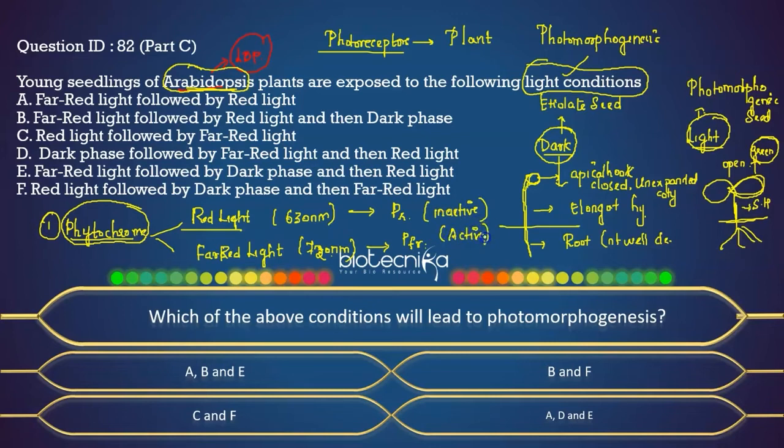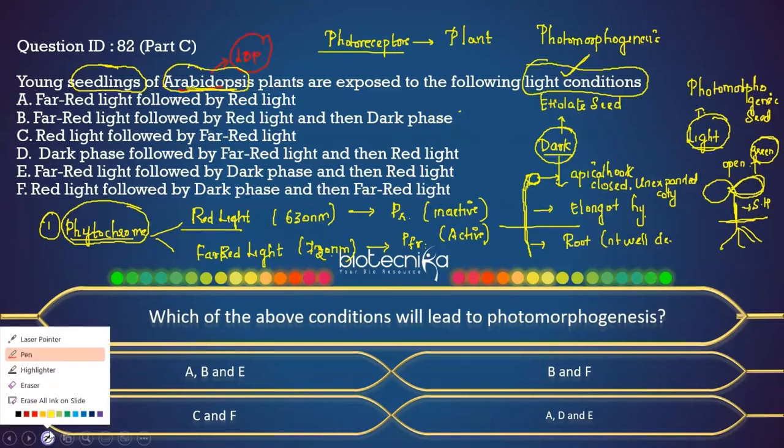If you want seedling germination, stem development and flower development to take place, you definitely want light. But when you expose red light, what will happen? When you expose far red light, what will happen? When you keep them in the dark, you already know nothing can be done, so that cannot be the answer.